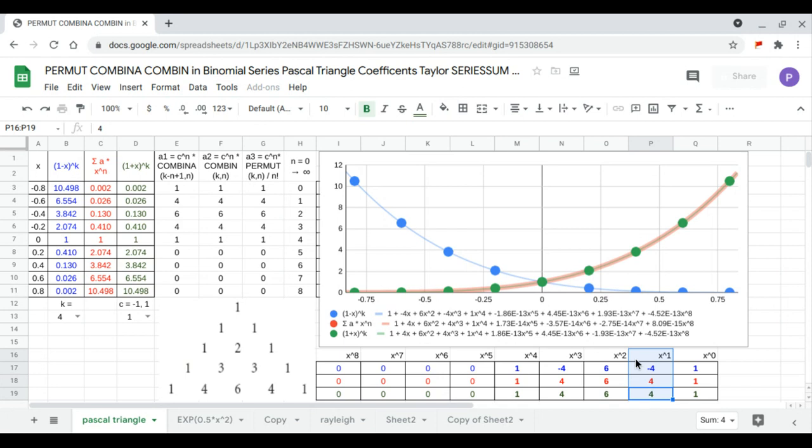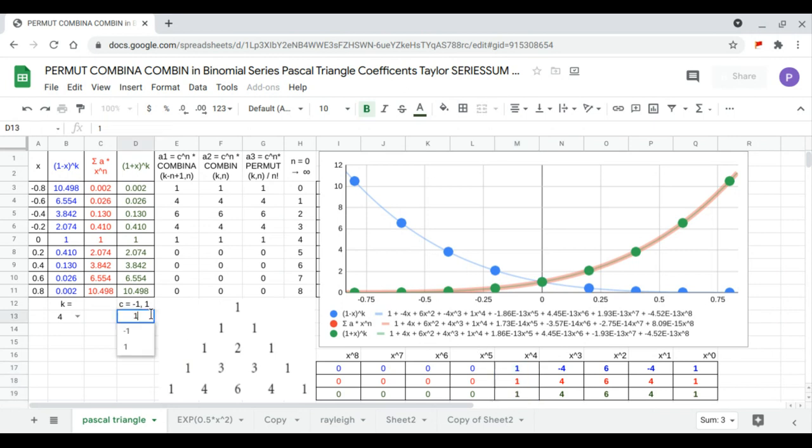For x, the coefficient of x, 4. Well, this one is minus 4. The coefficient of x squared, 6, 6, 6. The coefficient of x cubed, minus 4, positive 4, positive 4. Minus 4, positive 4. The coefficient of x to the fourth, 1. That's 1, 1, and 1.